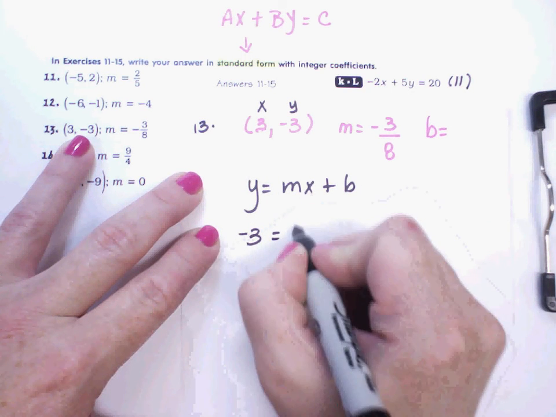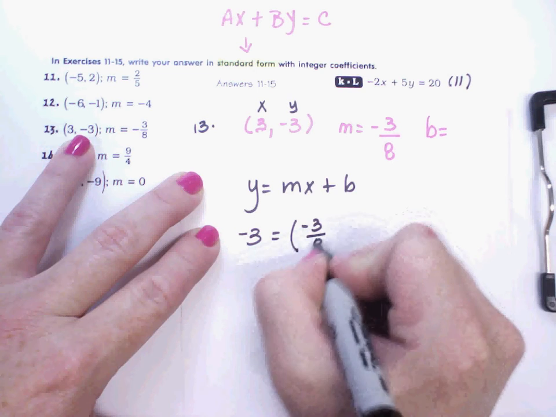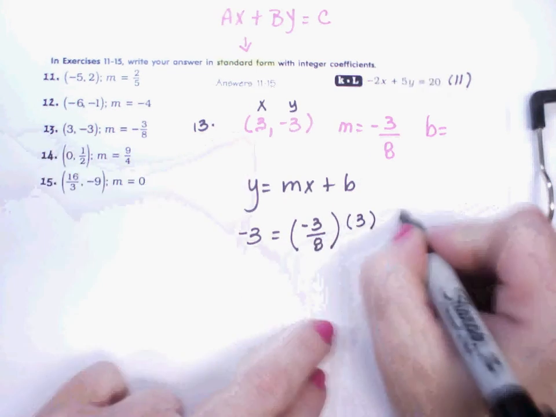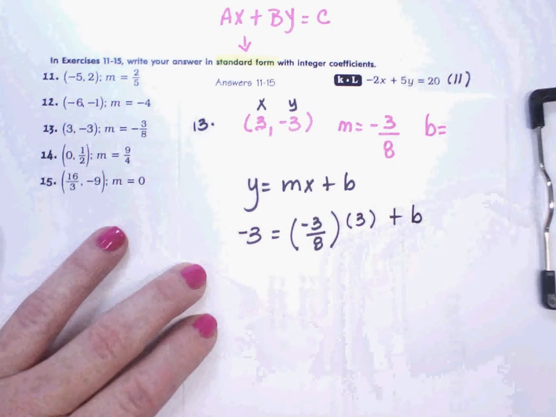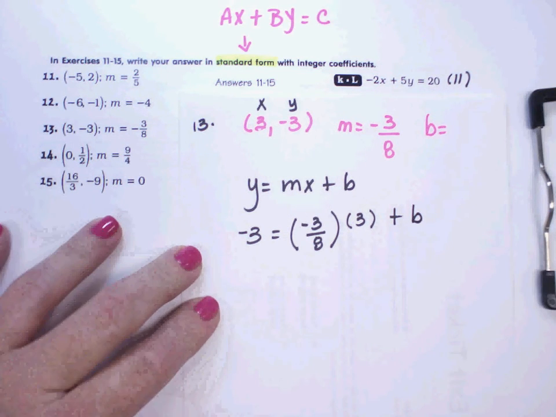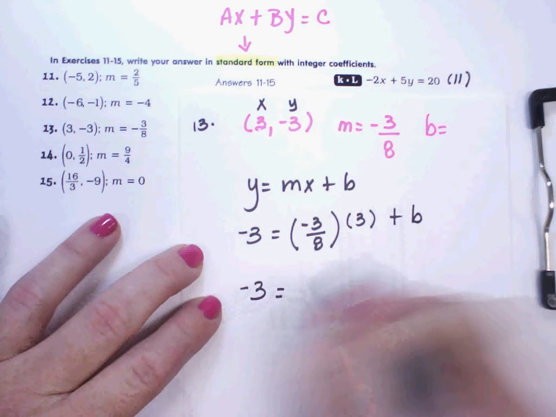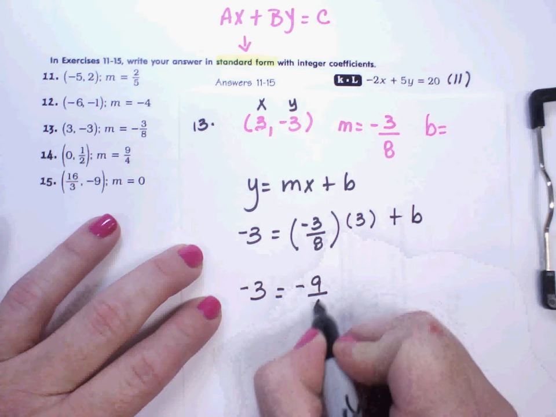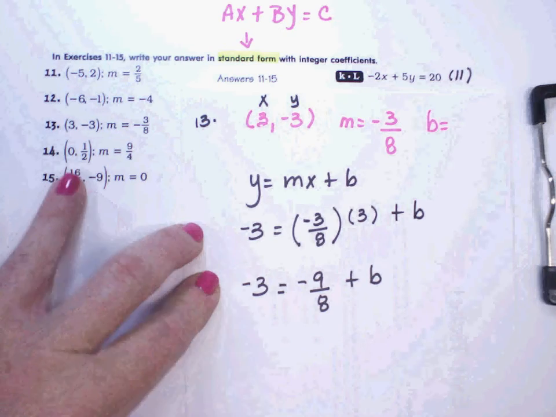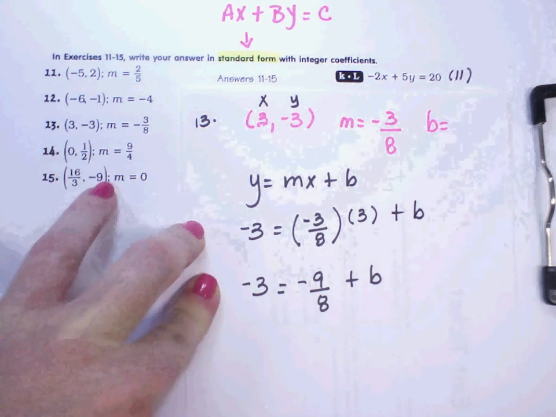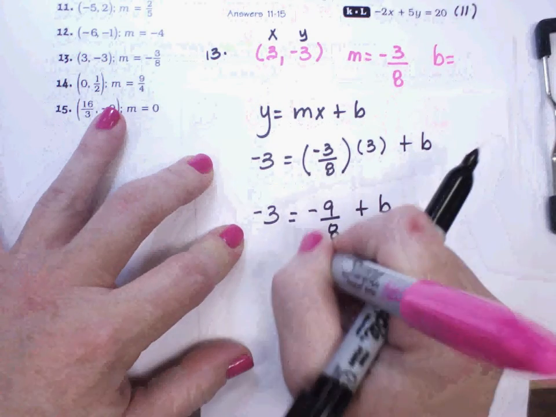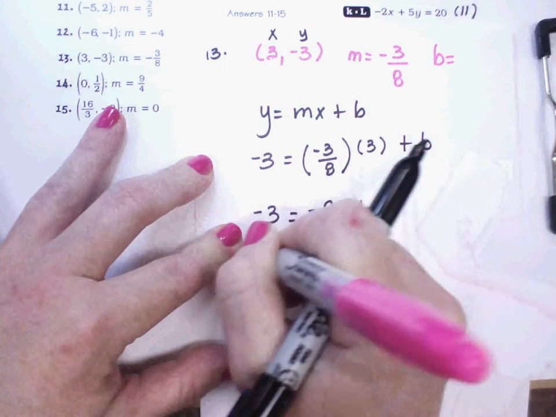Y is -3. M is -3/8. And x is 3 plus b. All right. So this would be -3 equals, that would be -9/8 plus b. All right, so now to solve for b, I'm going to have to add 9/8.